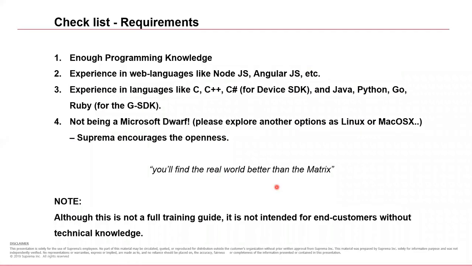One of the things that we need to have in mind is this checklist of requirements: having enough programming languages, knowing languages like C, C++, C Sharp, or others like Java, Python, Go, and other languages. And please have in mind that Suprema encourages openness.